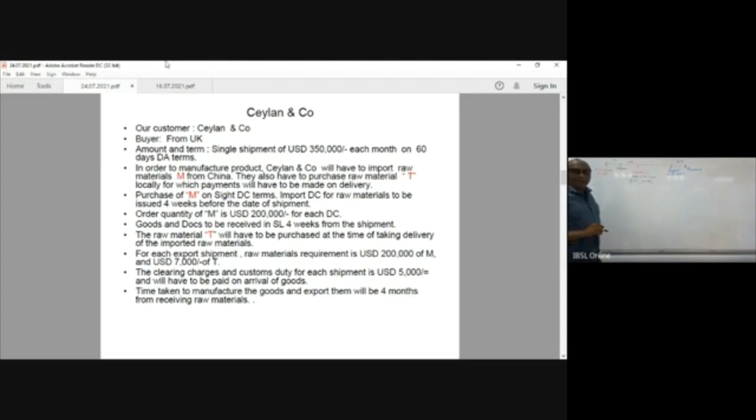The raw material T will have to be purchased at the time of taking delivery of the imported raw materials. Once the imported raw materials have come here, goods and documents for M, at that time we have to purchase T also.